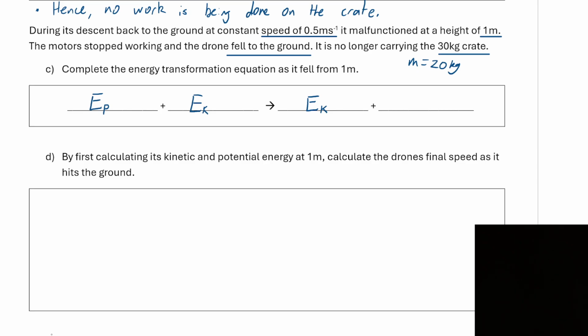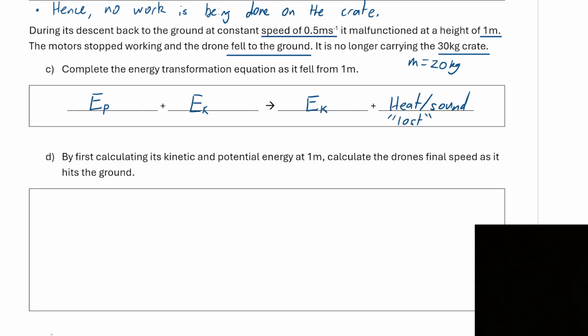Okay, and what other energy does it transform into? So at ground level, there's no potential energy relative to the ground. So often in questions like this, we consider heat losses or heat and sound. So you can write heat/sound, right? And we call this the lost energy. It's the wasted energy.